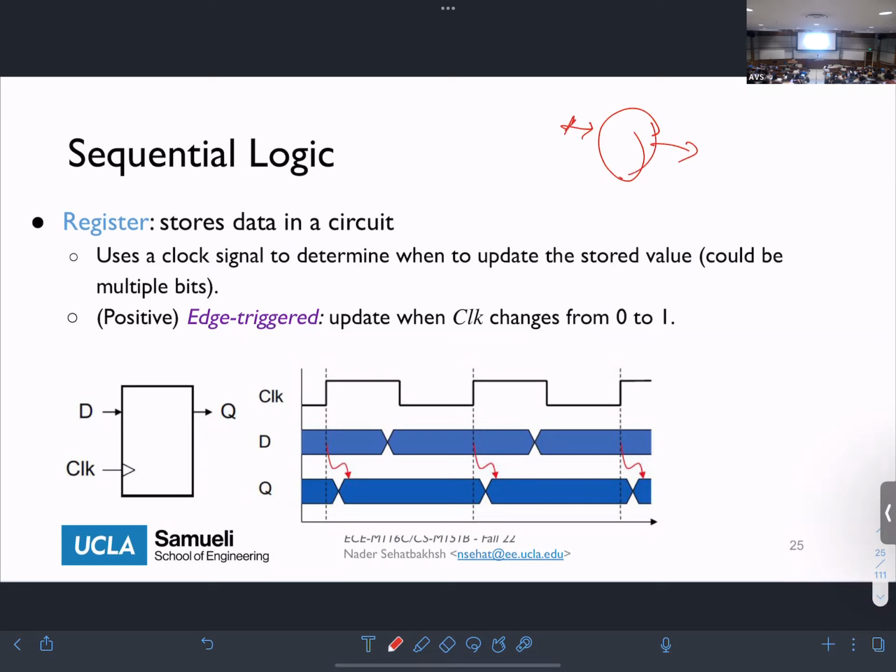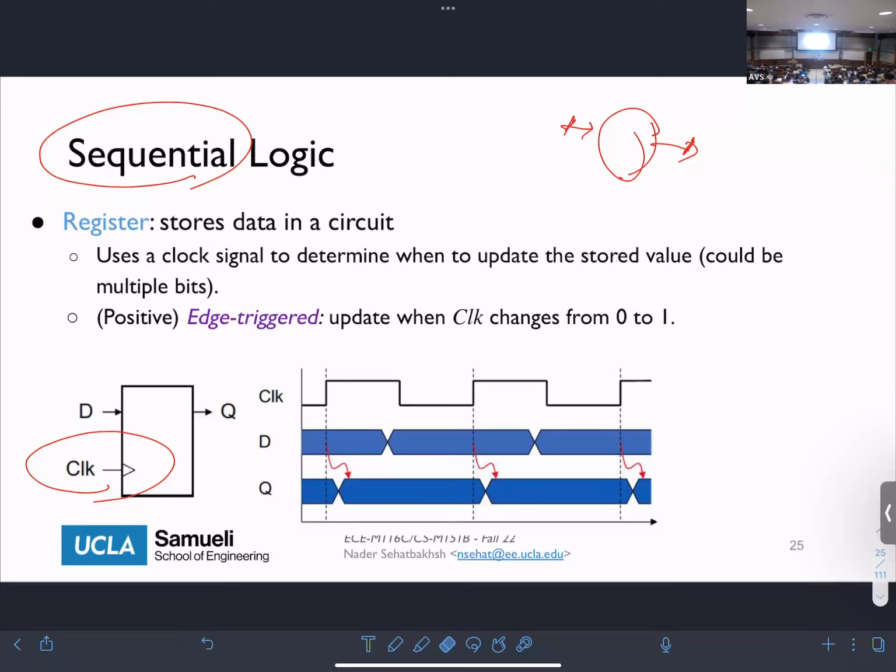So if you change the input, the output will be changed as well. Versus the sequential logic is basically telling you that you can store things unless you have a change in the clock. So we typically have either what's called an edge triggered or level triggered clock. In this specific data path that we will talk about, we are only talking about edge triggered sequential logic.